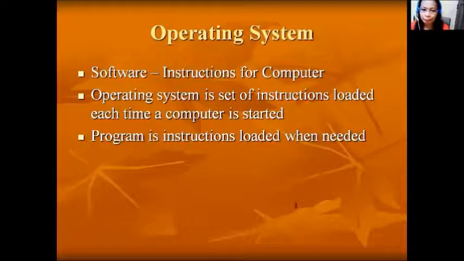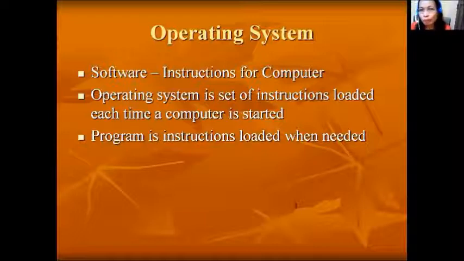Operating system, software. Of course, if we're talking about operating system, we're talking about software, instructions for computers. The operating system is a set of instructions loaded each time a computer is started. A program is instructions loaded when needed.